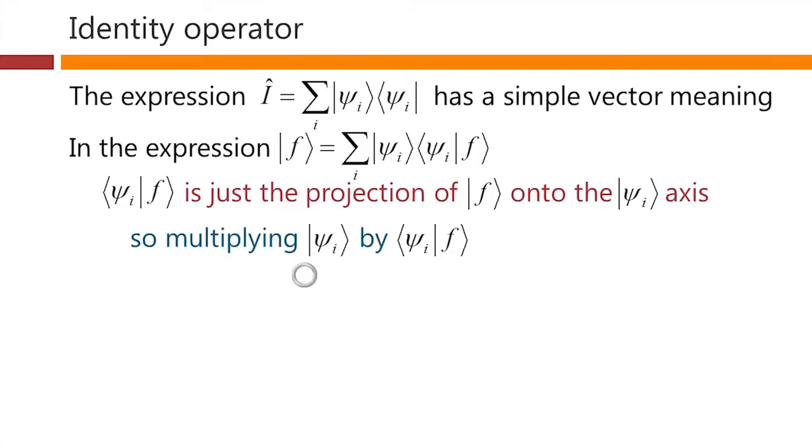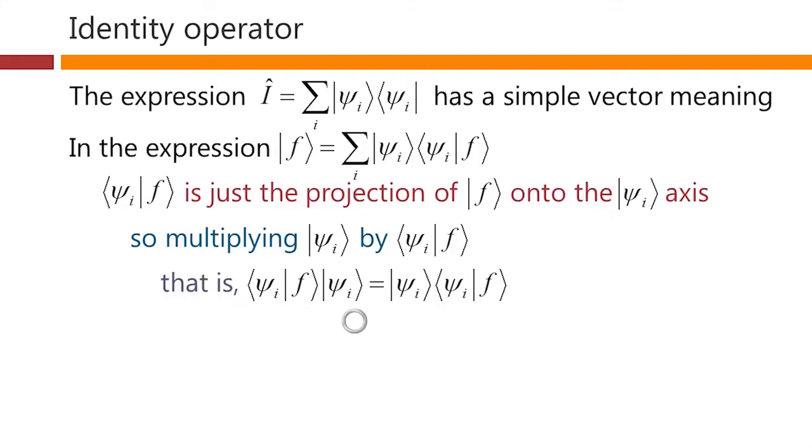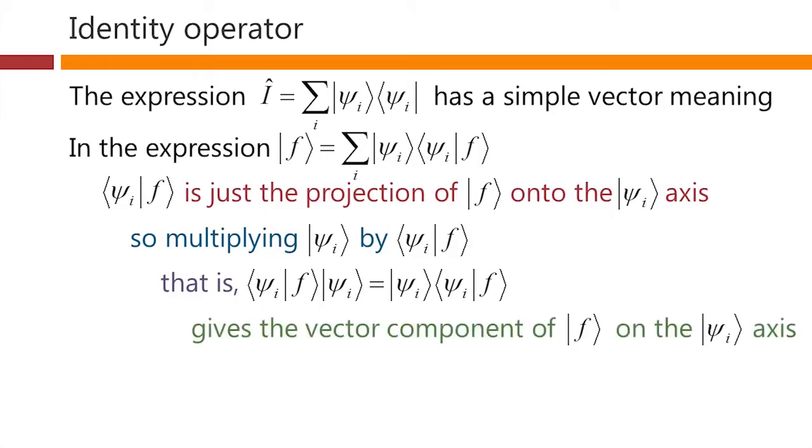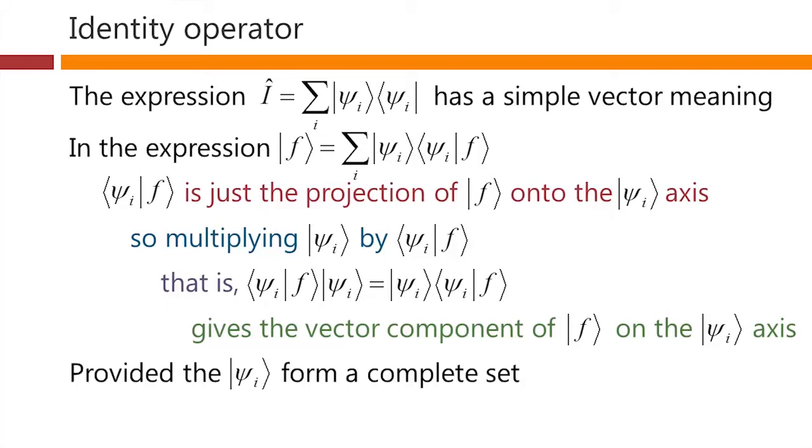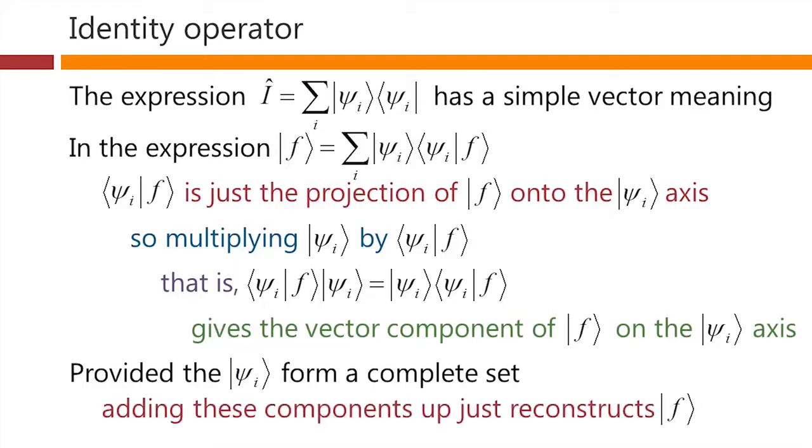So multiplying this unit vector along this psi I axis by this number, that is this object here, we could write it like that if we want, gives us simply the vector component of the function f on the psi I axis. Provided that these psi I form a complete set, then adding all of these components up again just reconstructs f.